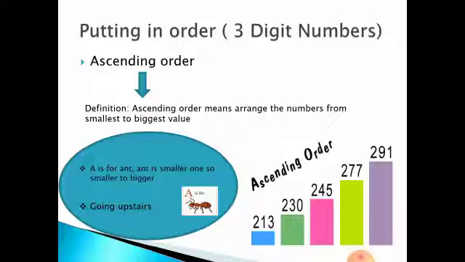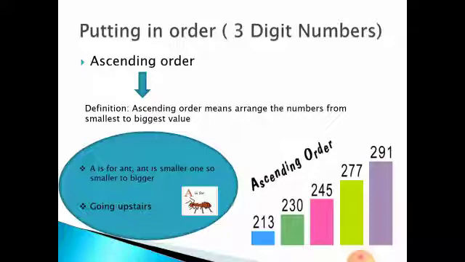To understand this, we can relate it with example of ant. A for ant, A for ascending order. So ant is smaller one, so smaller to bigger numbers. Another way to understand is going upstairs.